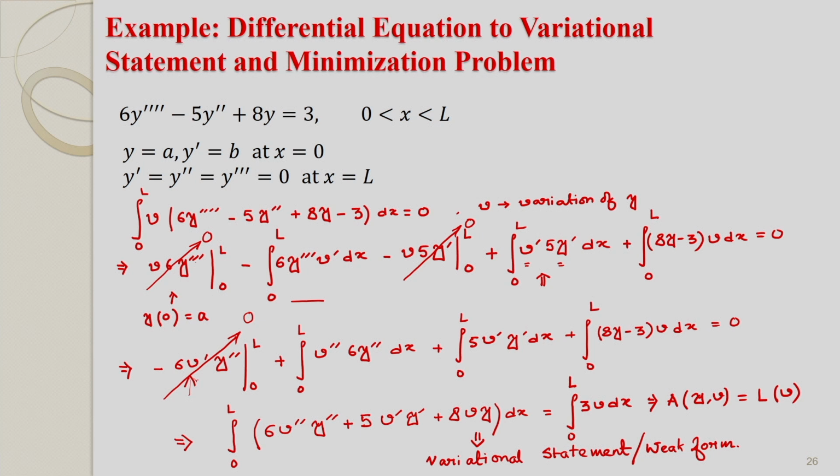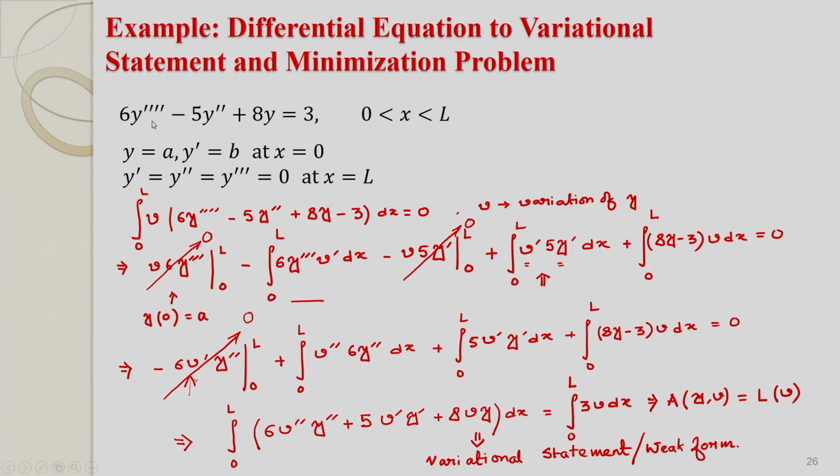Now, let me explain the purpose. If you see our strong form, it involves the fourth order derivative of y, whereas in our weak form it involves the second order derivative of both the variation and the dependent variable. So, it reduces the continuity requirement in numerical analysis.